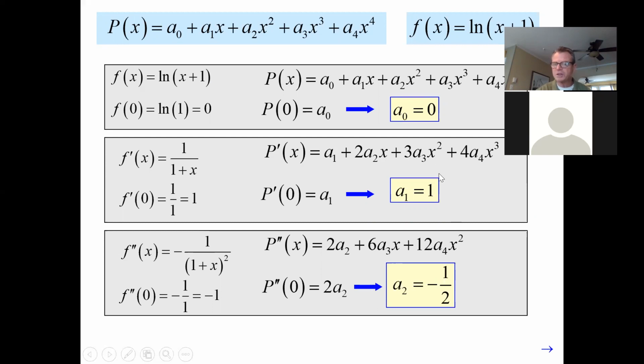You didn't notice that the first time. Why? Because you had a constant. And then when you took the derivative, the exponent was 1. So you had 1 times a to the first. Now, because you had this exponent that was other than 1, you're not just taking the value of the derivative at 0. You're setting this equal to the value of the derivative at 0.